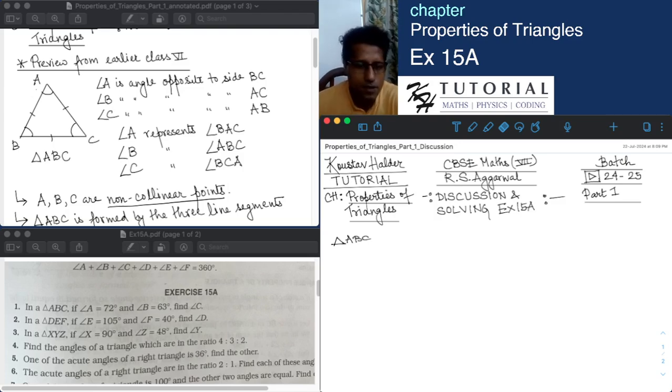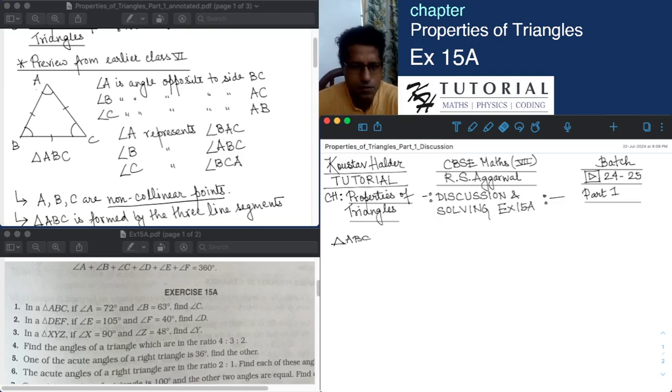Similarly, the angle CBA or angle ABC is formed at the vertex B, so it is also known as angle B. And the angle BCA is formed at the vertex C, so it is known as angle C. So we have angles A, B, and C named after the vertices of the triangle.